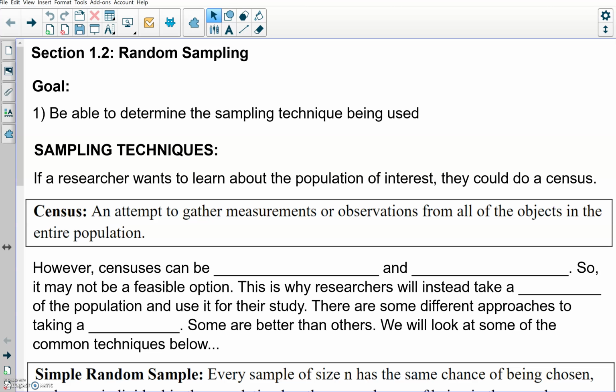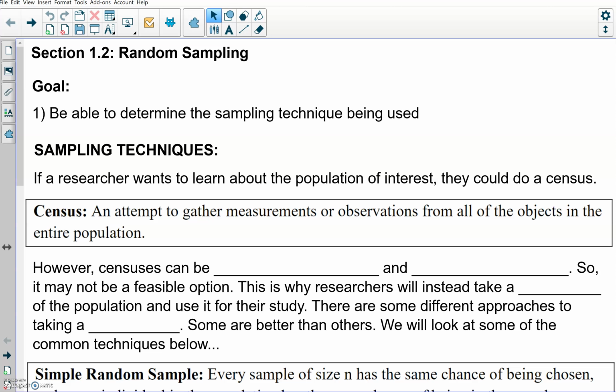Section 1.2, Random Sampling. In this section, we're going to look at some techniques that are used to collect samples from your population. So in the last section, we saw those terms, looking at population versus sample. We looked at the type of data that you might collect was qualitative, quantitative, and if it was quantitative, is it continuous or discrete?